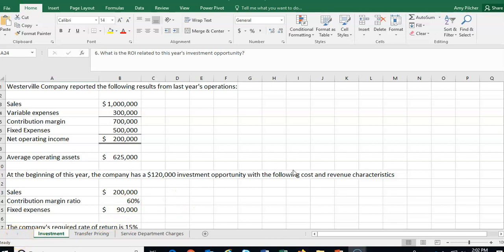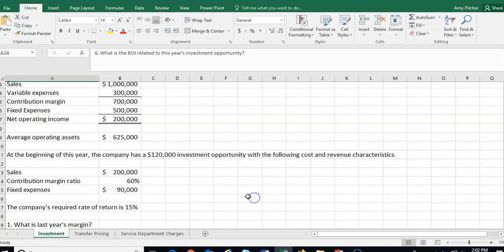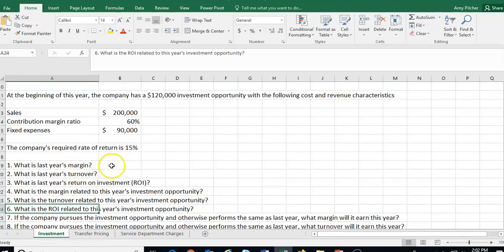In this first example, we're going to be looking at return on investment for a division and then the return on investment for an investment opportunity and how taking that investment opportunity changes the division's results. So our first question asks us to calculate what was last year's profit margin.